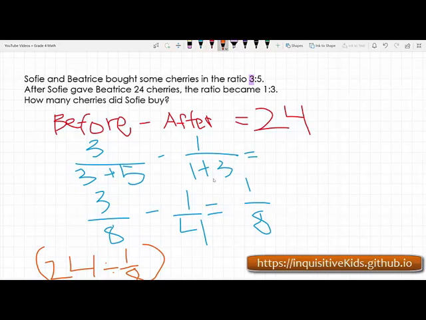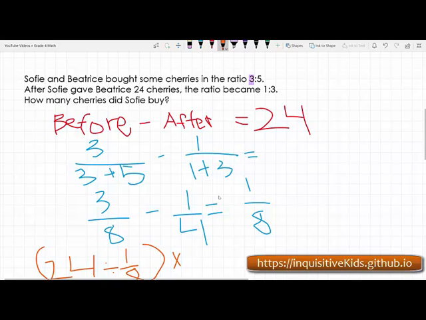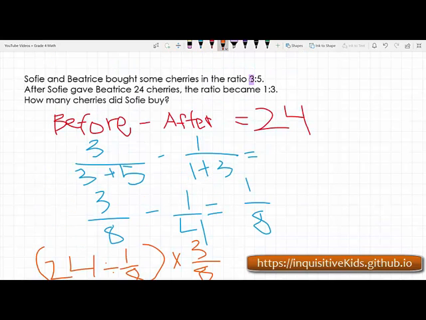And this 3 is 3/8 of the cherries. So since 24 divided by 1/8 equals the total amount of cherries, then we can multiply 3/8 to it, and that will give us how much 3 units are in this fraction, and it will give us the answer to the problem.